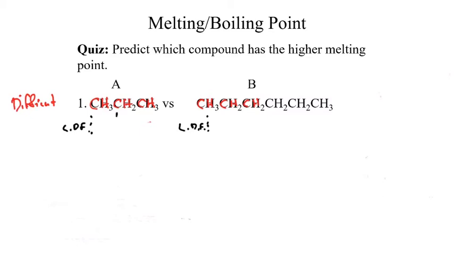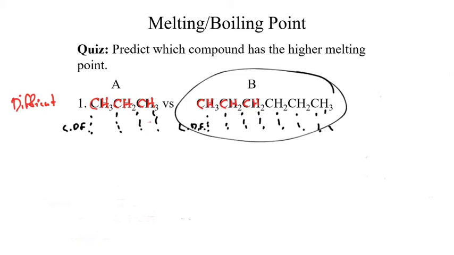But when we look at A, we'll get, say, 4 interactions. When we look at B, we're going to get a whole lot more interactions, which means the sum total of those forces are going to contribute to our melting point, and B ends up being the higher melting point because there's more of those weaker forces present.